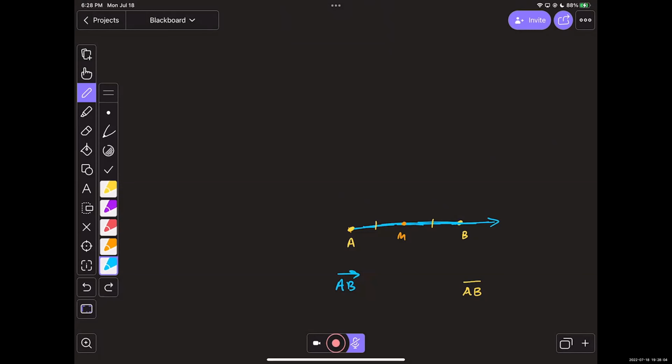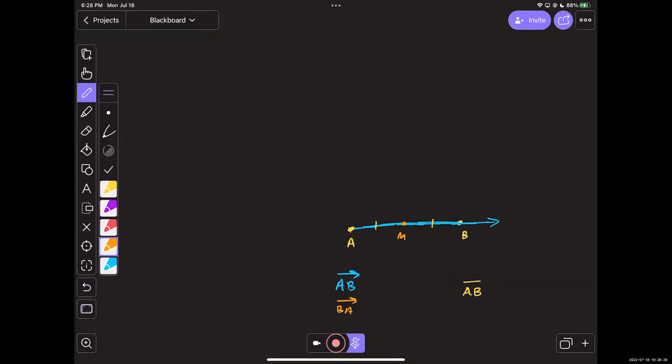The arrow is not on the A side for a good reason, because if the arrow is on the A side, I'm going on infinitely in the A direction, but I am starting from the A direction instead. So that's why it's important. If I wrote BA instead, that would be this ray instead. It would go on into the left side rather than to the right side here. So that's something that you do need to be a little bit careful of.